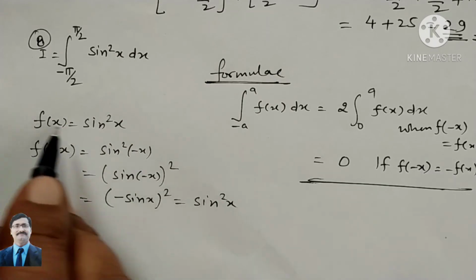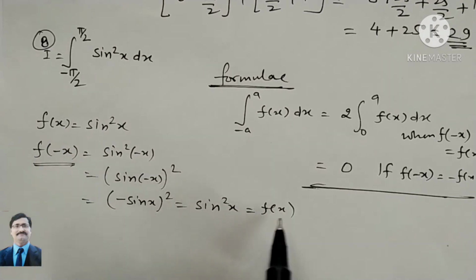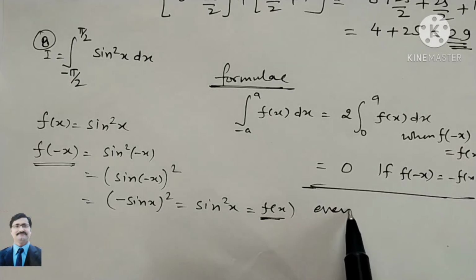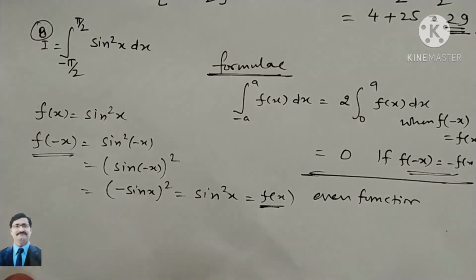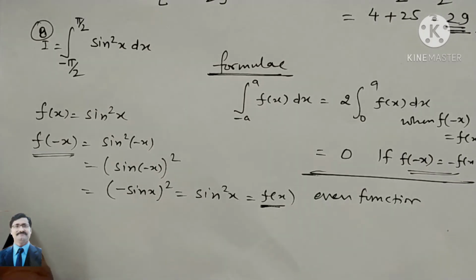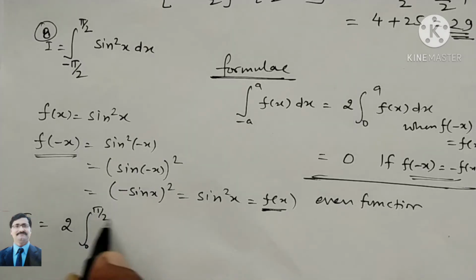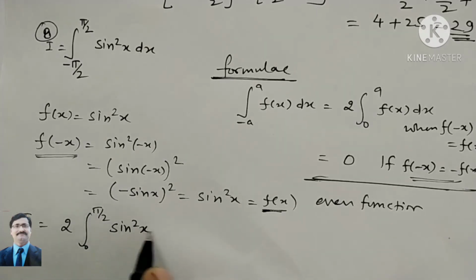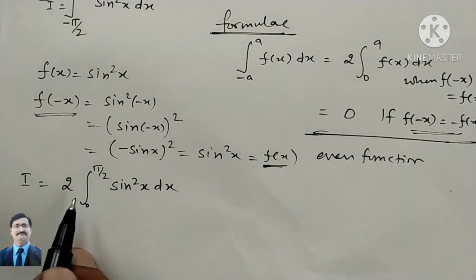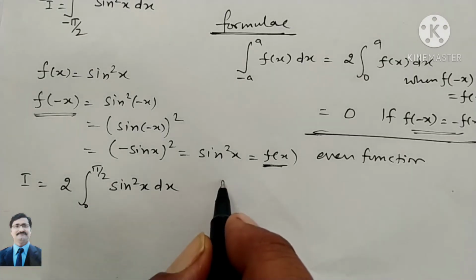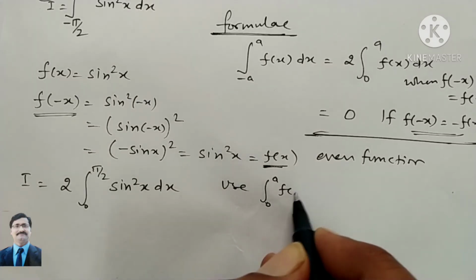And this sine square x is equal to f(x), which means f(minus x) is f(x), so it is an even function, and we can double. So we can write I equal to double of the integral from 0 to pi by 2 of sine square x dx. And now look here, again you can check this, we can use the formula 0 to a f(x) dx.